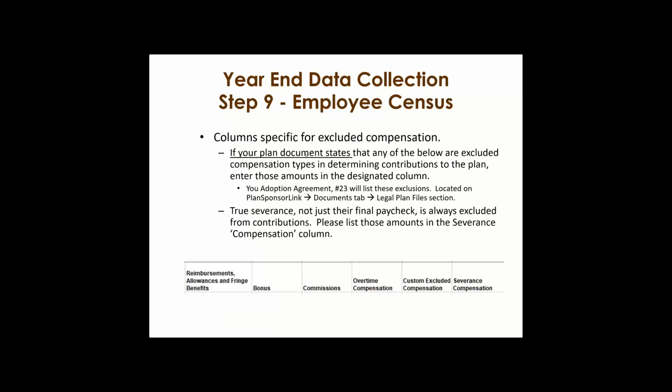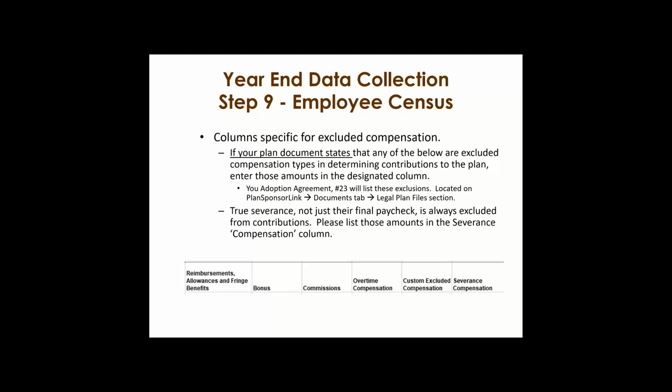This slide is going to explain the excluded compensation columns that we have. There are multiple columns for different types of excluded compensation that we might need depending on your plan document. If the plan document states that any of the below compensations are excluded in determining the contributions to the plan, enter those amounts in the designated column.